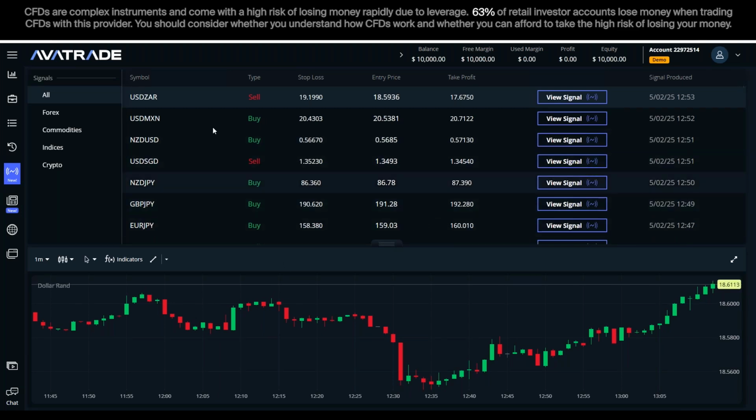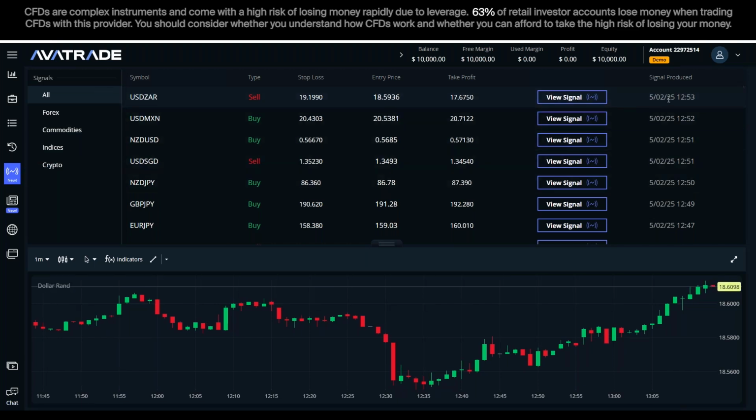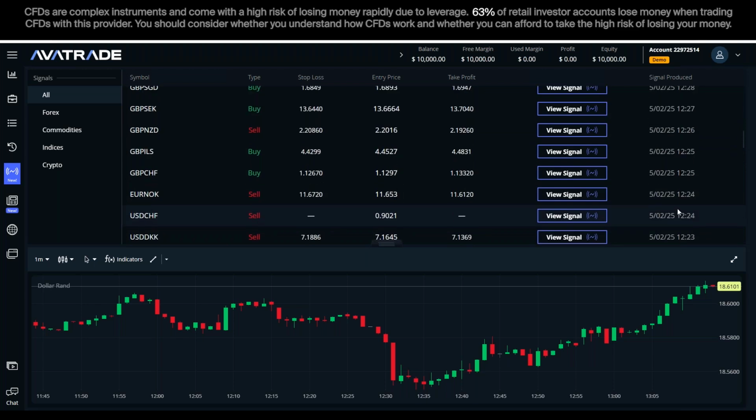As you can see, there are different categories here, similar to what we had in the beginning. In the signal section, it's ordered by production time. So this is the newest, and if I scroll down, I get to the oldest ones.